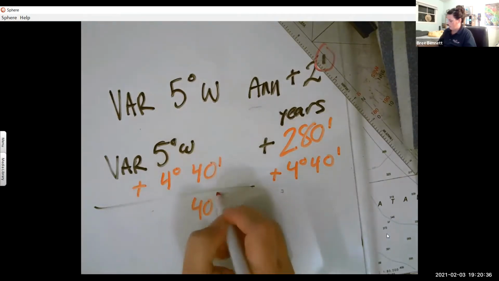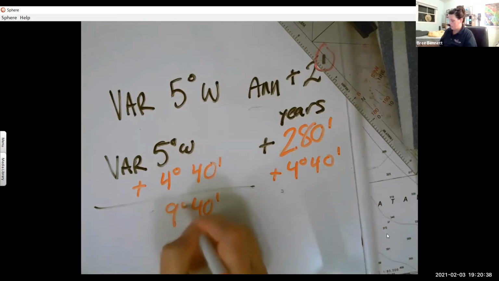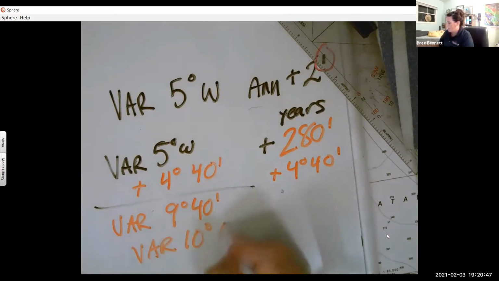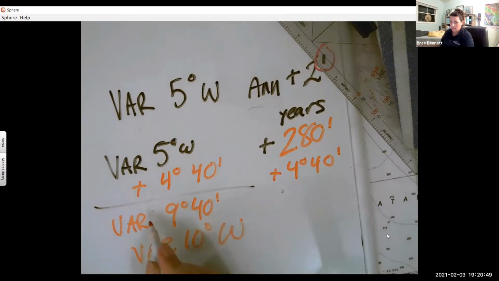I'm left with 40 minutes, 9 degrees. I'm going to round to the nearest degree. So I'm going to say my variation is 10 degrees west because 9 degrees, 40 minutes is closest to 10 degrees.